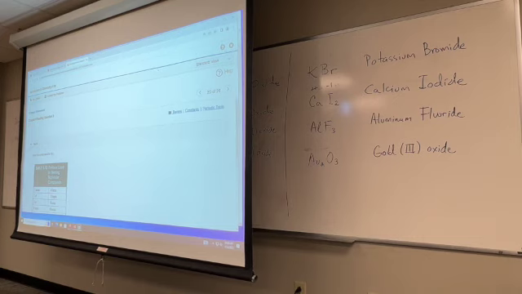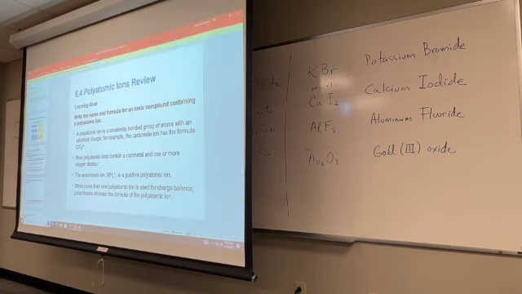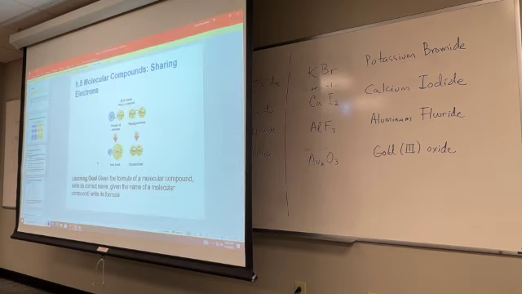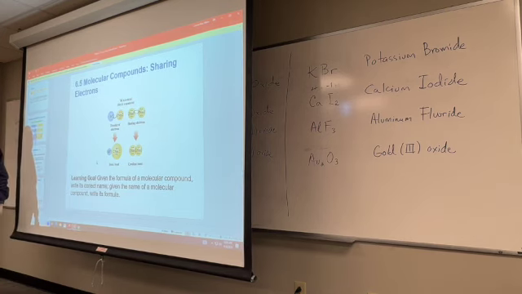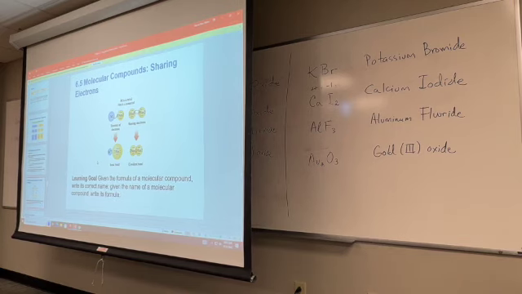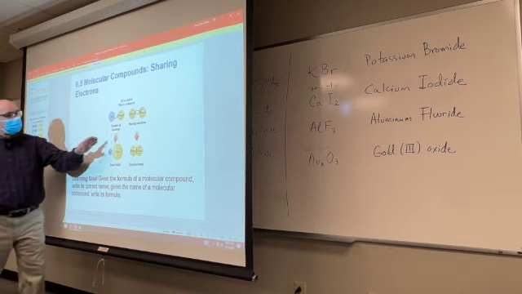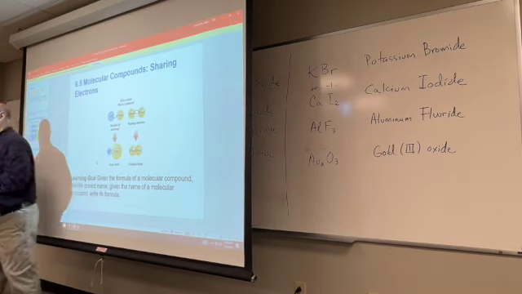Okay, so now we have one last thing to discuss before we cover this entire chapter, and that is molecular compounds. When you do not have a metal, you're going to form what are known as molecular compounds.